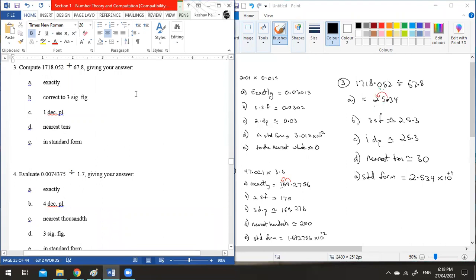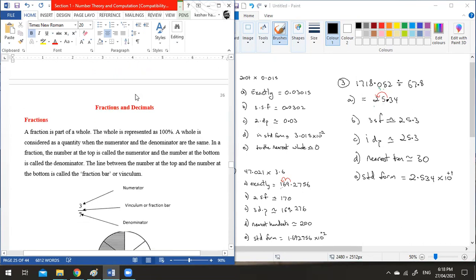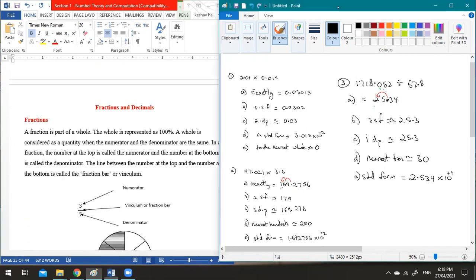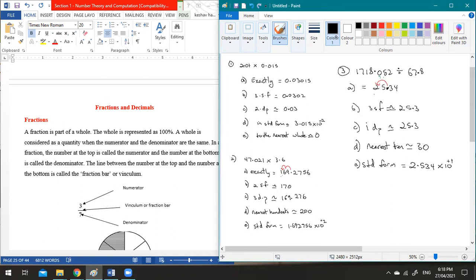Any questions on what we did so far? I don't want to go into fractions and decimals as yet. So just to review, we did these values: approximation, significant figures, standard form, approximation to decimals.